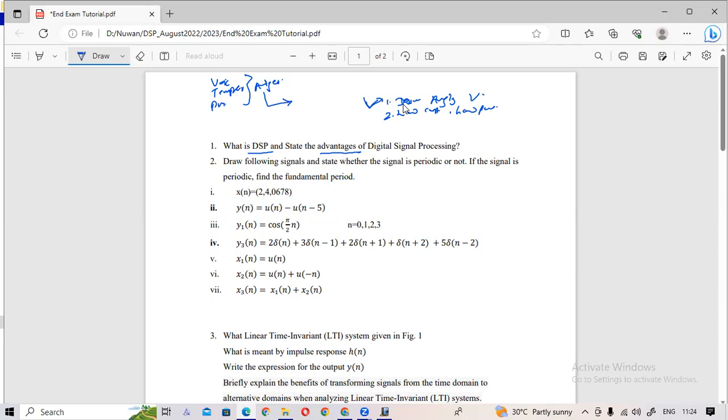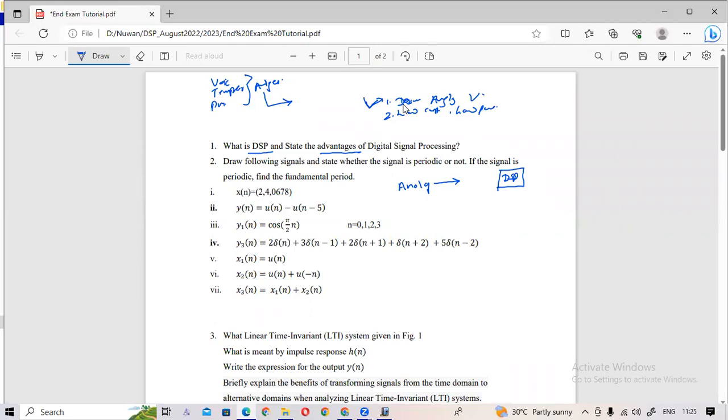Digital signal processing means we process the signals in the digital domain. So that is DSP.